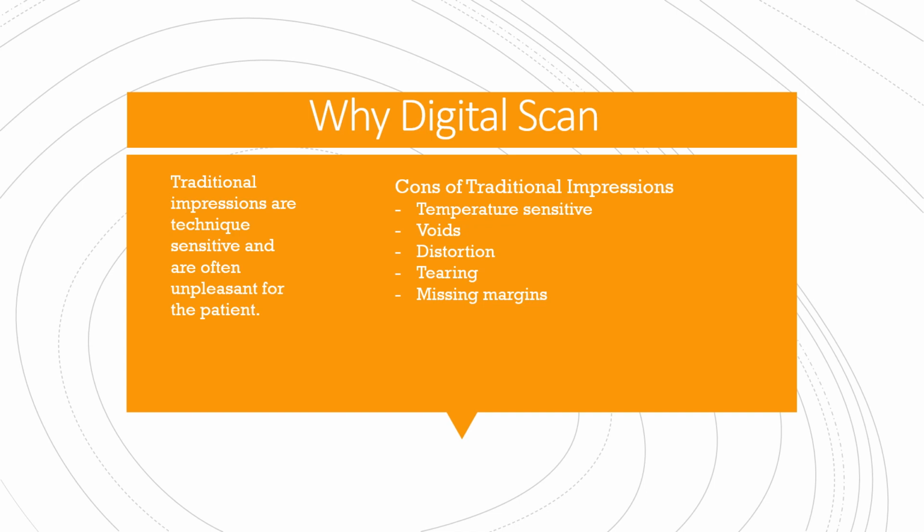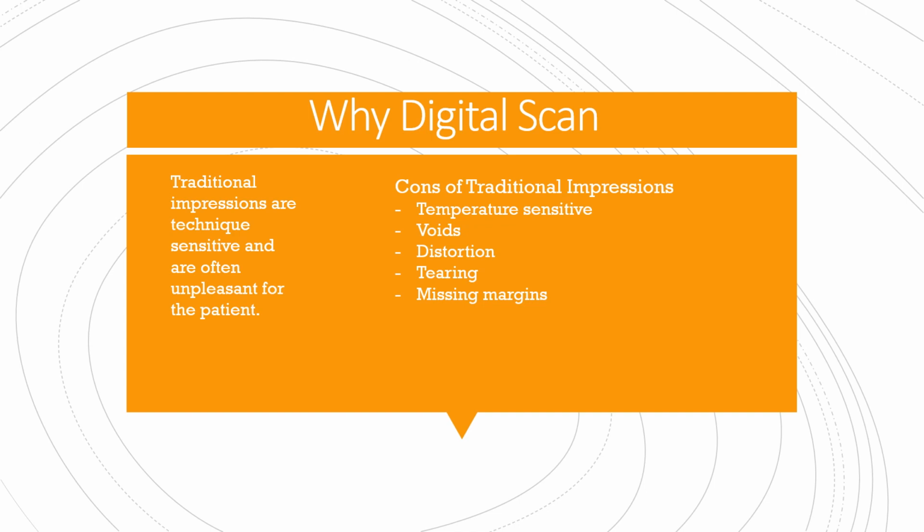So, cons of traditional impressions: they are temperature sensitive, right? If that material is too hot or too cold, it's either going to set too fast or set too slow. If that impression, after it's been taken, is to be transported over state lines or from place to place, again, it's temperature sensitive, so it can distort on the way there.